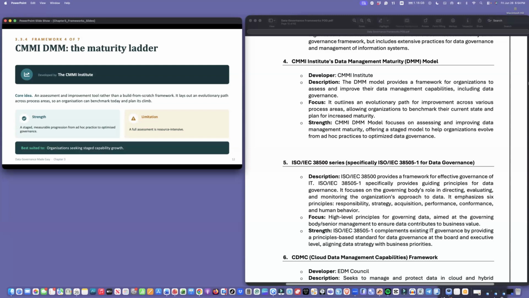Even if you have no governance, there's a level for you. So the DMM establishes where I am, what my level is, how I can develop and go to the next steps, and what is the optimum level that my organization should be targeting. It is resource intensive. You need to spend much more time in getting this done.